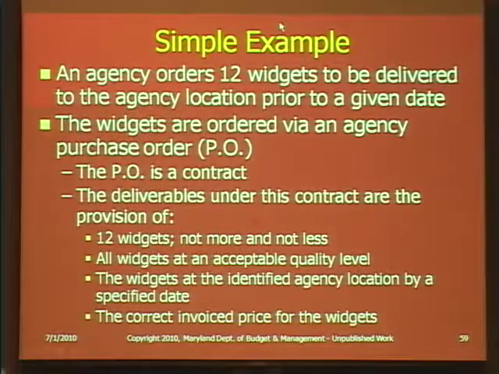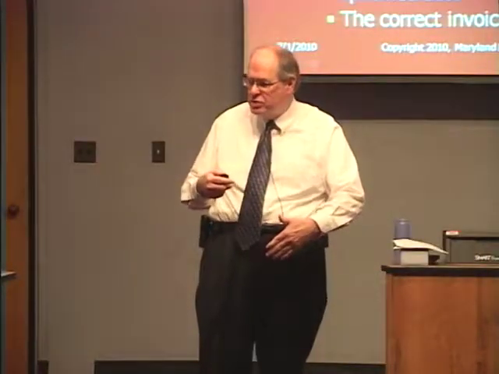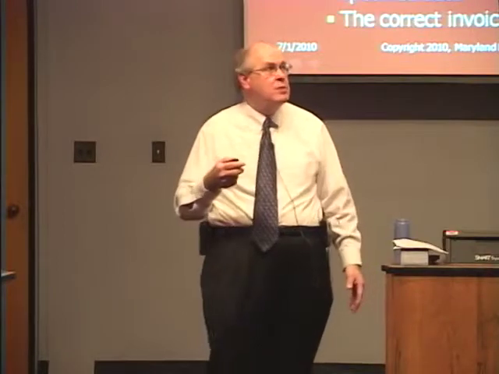And the deliverables for this simple example are the 12 widgets, not 13, not 11, 12, that they are of an acceptable quality level, and they are to be delivered where the purchase order said to deliver them, not in York, Pennsylvania, not in Washington, D.C., not in budget and management, but if the order was to be delivered at the loading dock, 201 West Preston Street, that's where the order was delivered.